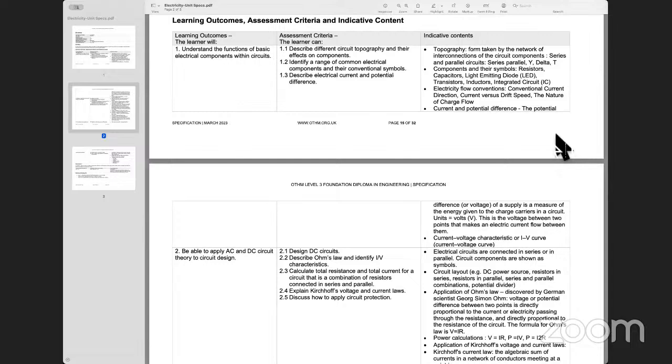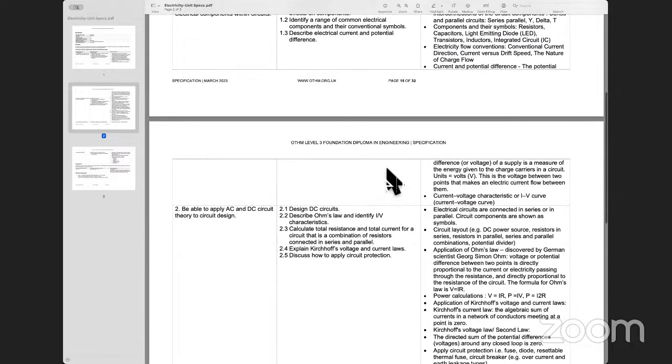We'll also be looking at how the electrical connections flow, or how electricity in general flows. So we'll be looking at conventional current direction, current versus drift speed, and obviously the nature of flow. And then we'll be looking at understanding what are the units in which electricity is measured when we talk about volts, voltage, and that all we'll be looking at covering in learning outcome 1.